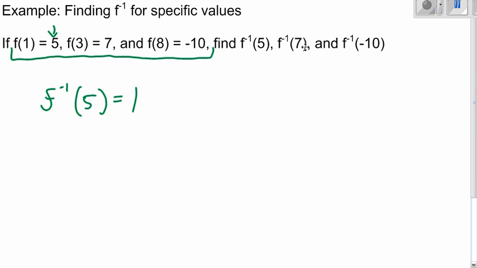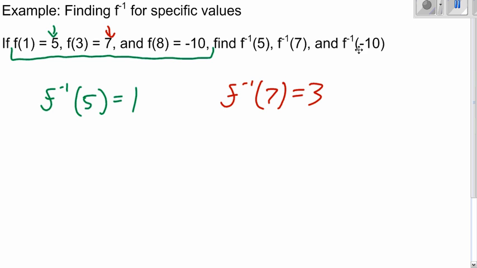f inverse of 7, so that's saying what value gives us an output of 7 in the original function. So there's 7. 3 gives us that value, so f inverse of 7 equals 3.